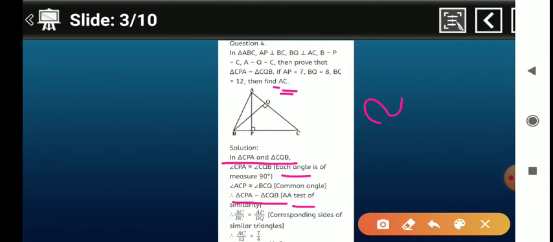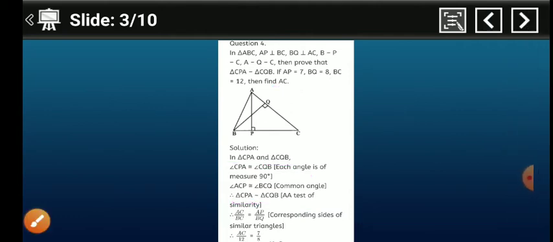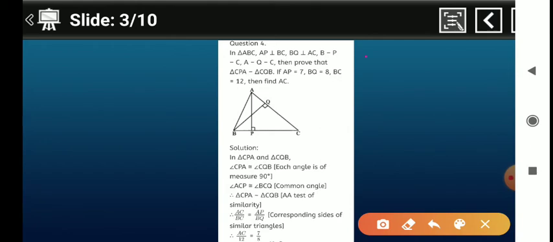So as these two triangles are similar, one triangle is CPA and the second triangle is CQB. Then we can take their sides in proportion.